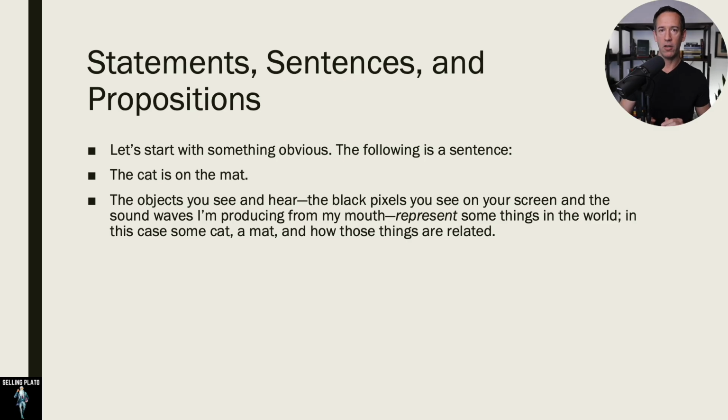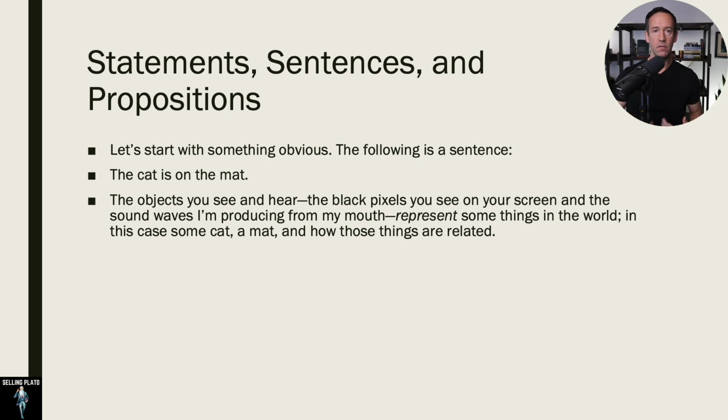What I want to point out here is that the objects that you see on the screen, the black pixels, and also the sound waves that I'm producing from my mouth, are objects. If you could just observe them outside this context, you'd say, there are some black pixels and I'm hearing some sounds. Those are objects in the world and they represent some other things in the world.